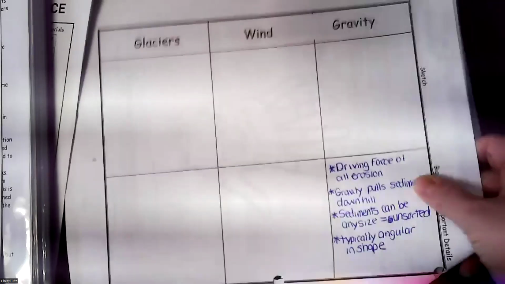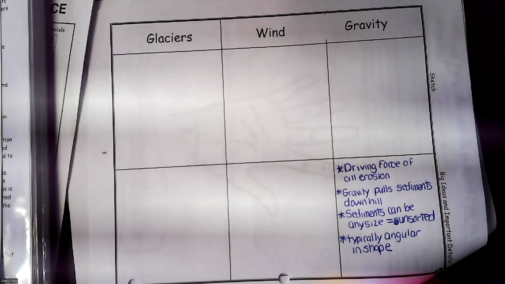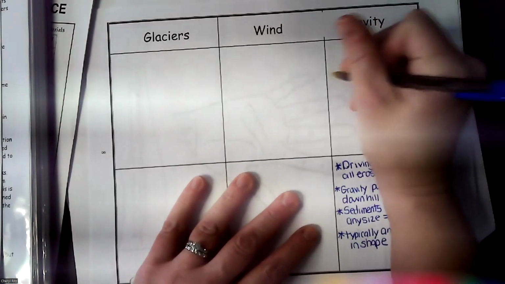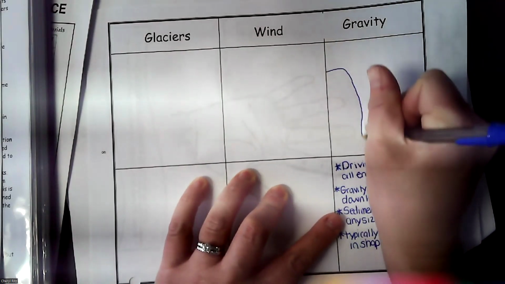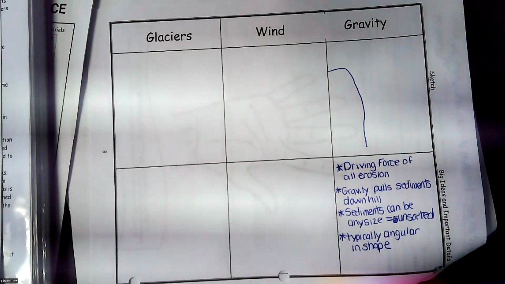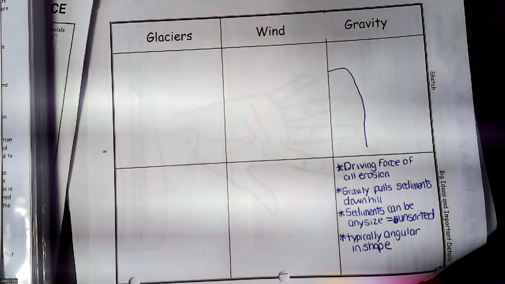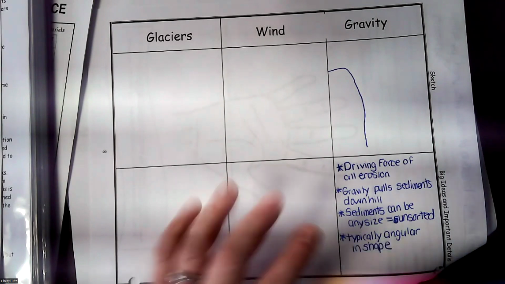What kind of drawing do you think gravity erosion deserves? We've only done gravity so far. First thing I'm going to do is I'm going to draw a hill. And what should the sediments at the bottom of the hill be? Jumbled. What is that vocab word that means jumbled? Unsorted.